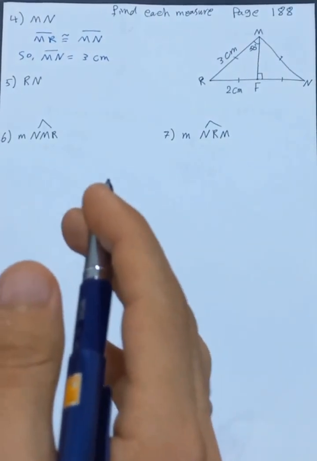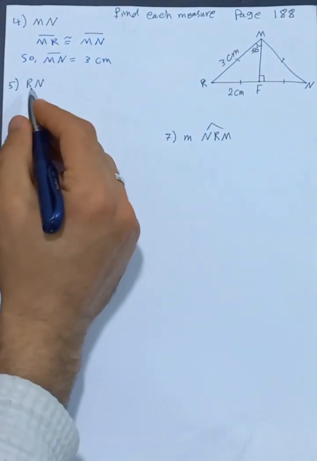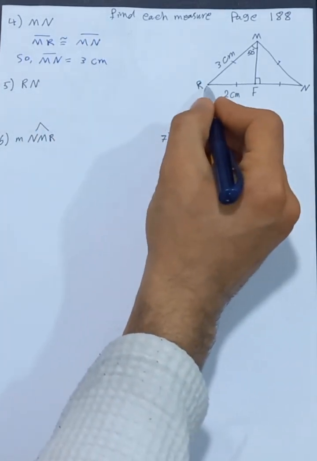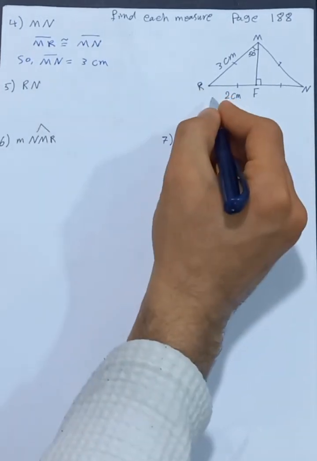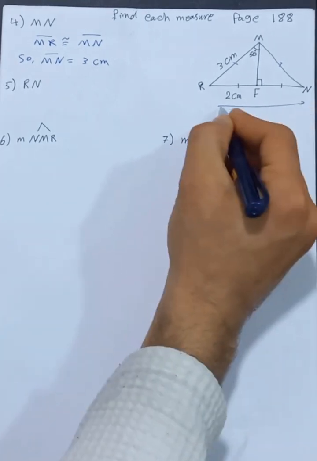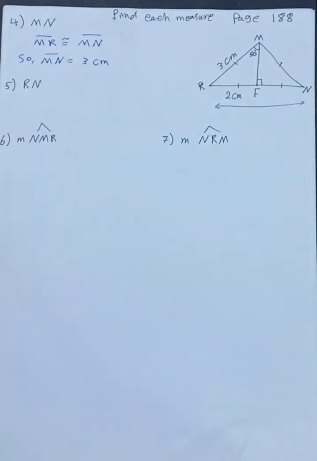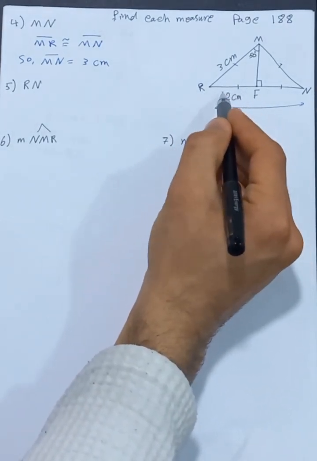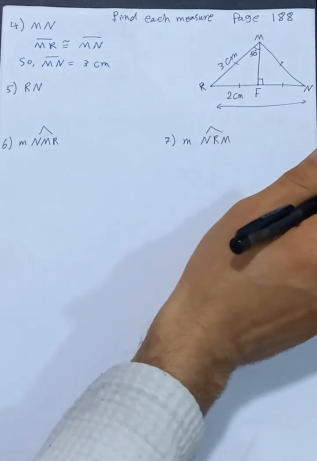So exercise 5 said find RN. It said find RN, this side, the whole side. We know that because of this line, RF and FN are congruent.